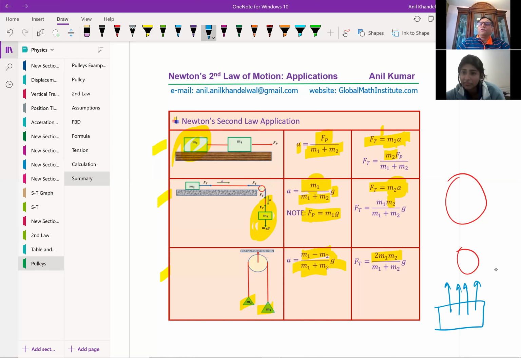Correct. So now you understand how easily we can solve all these questions based on Newton's second law of motion. Yes, I do. You made that look so easy. When you look at first glance in the book, you're like, oh my god, I can't do that. It's too complicated.